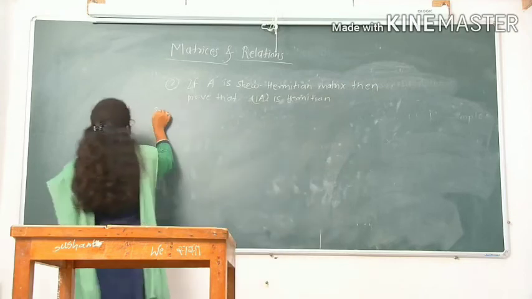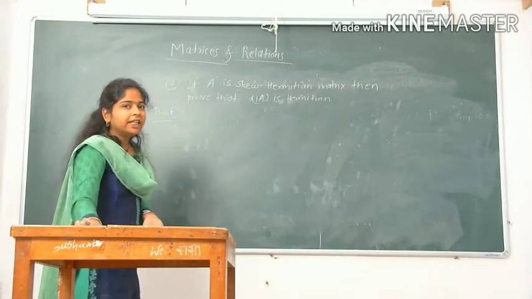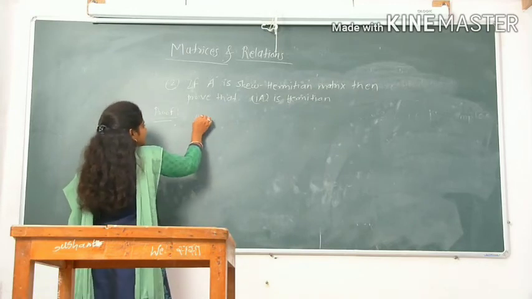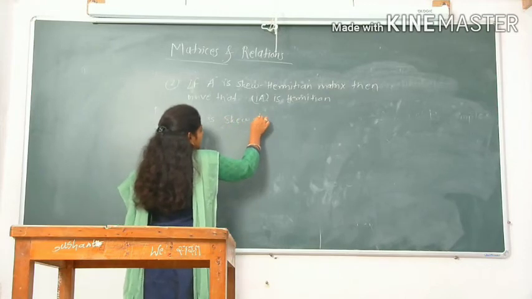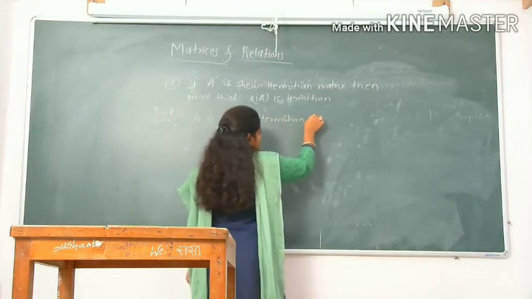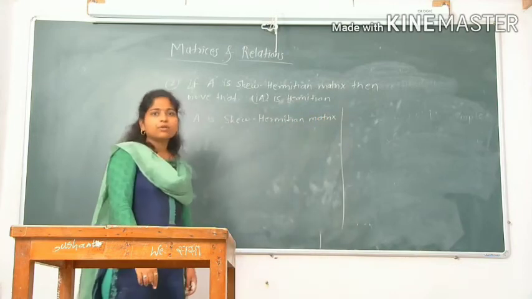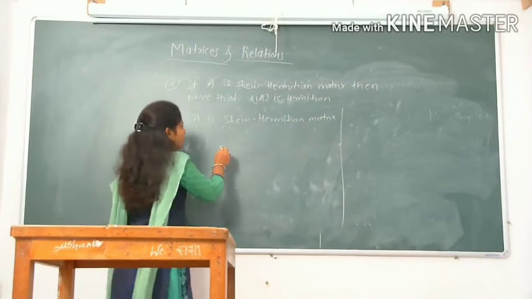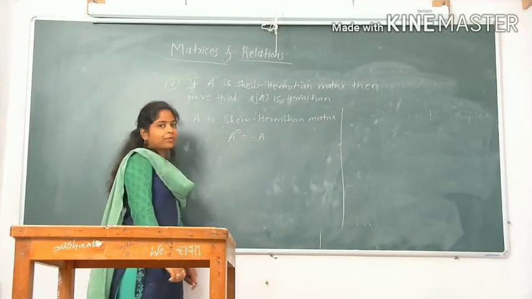Let us see the proof of this example. Here, given that A is skew Hermitian, so by the definition of skew Hermitian matrix, we have A raised to theta is equal to minus A.